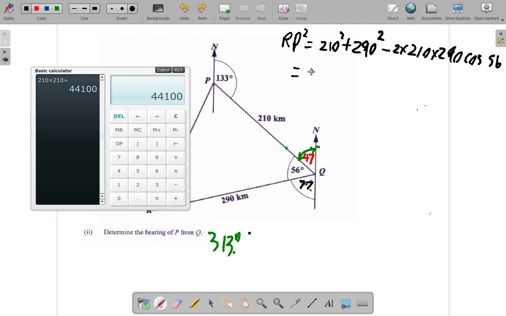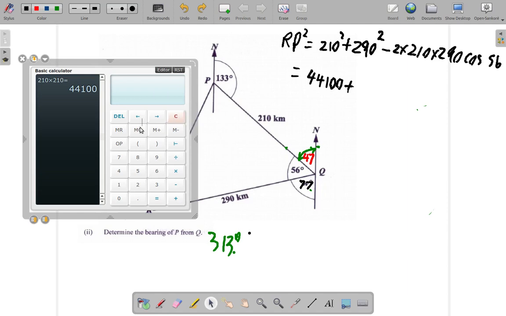So that's 44,100 plus then 290 squared. Let's clear it. 290 times 290. I get 84,100.